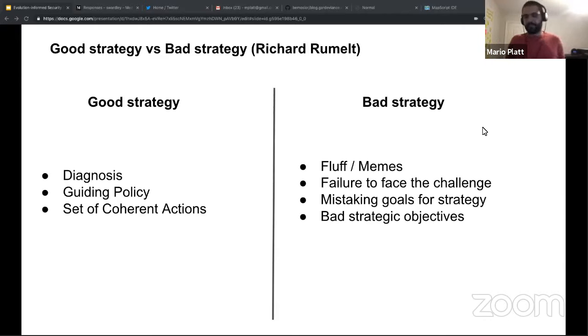Now bad strategy, that's the other side of it. Bad strategy is about fluff and memes. It's about looking at, for instance, the Gartner Magic Quadrant and saying, okay, Gartner said that EDR solutions or SIEM is going to be the next big thing, so that's where I'm going to be spending my money.